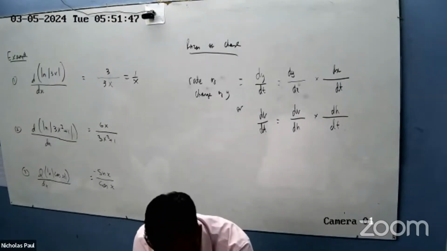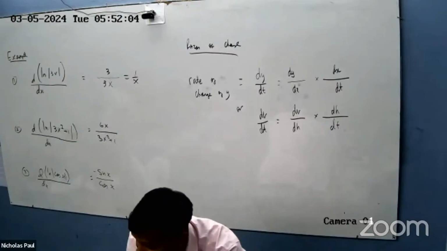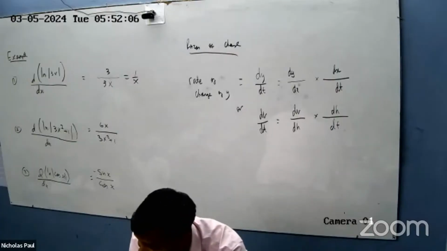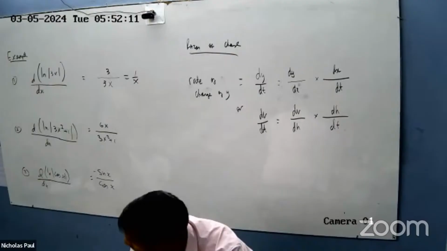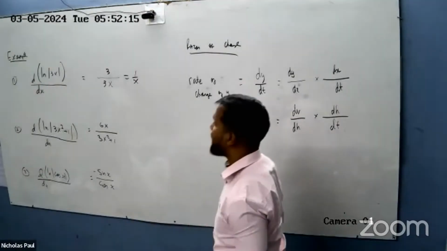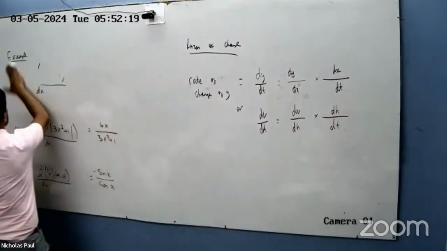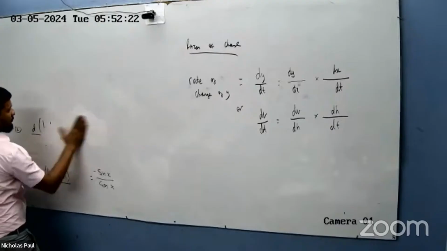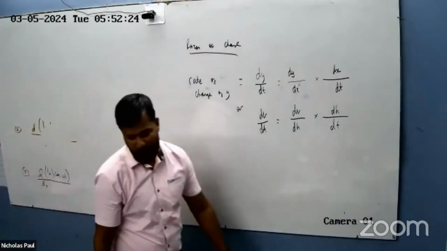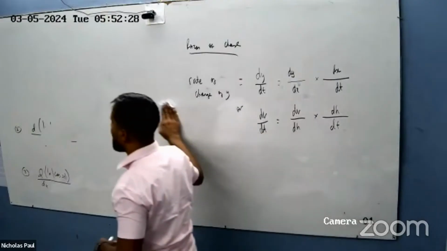So the radius of the balloon is increasing at a rate of 0.1 centimeters per second. That's the important part. So find the rate of increase.